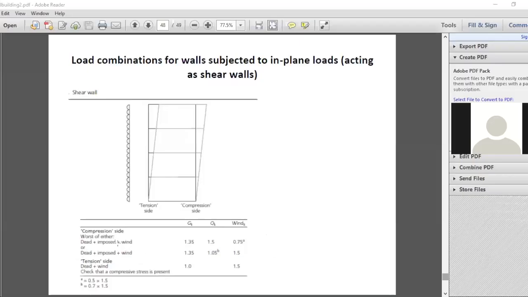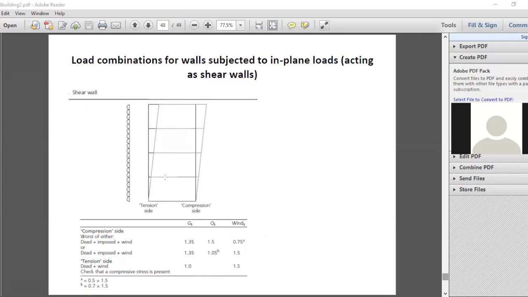possibilities. And in Eurocode, all these different combinations are given. So you can see on the compression side, the worst case can be due to one of these two. And in the tension side, the worst case will happen when the wind is maximum and the vertical load is minimum.